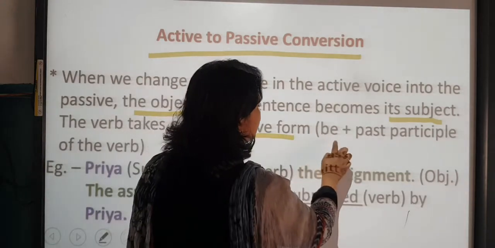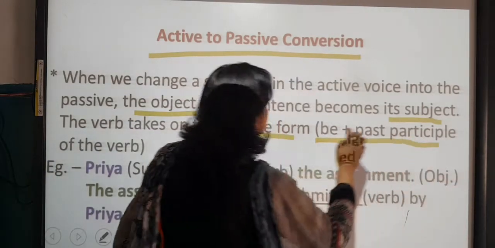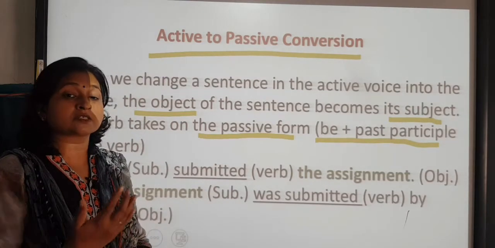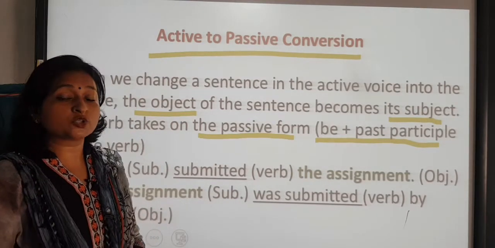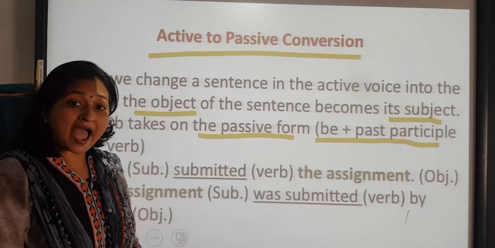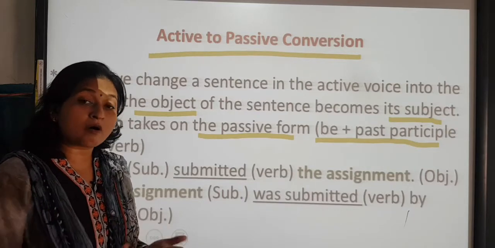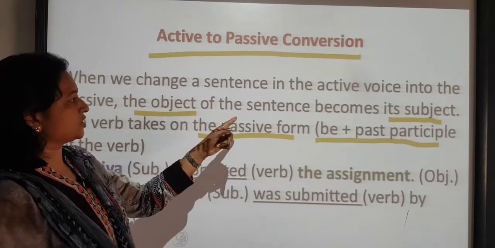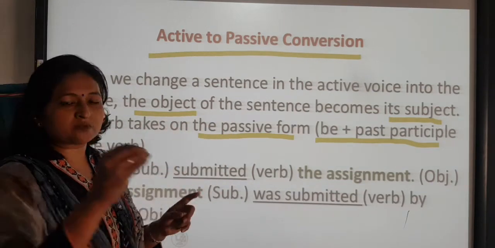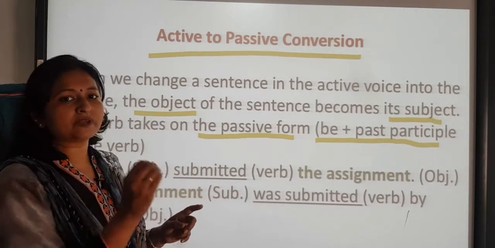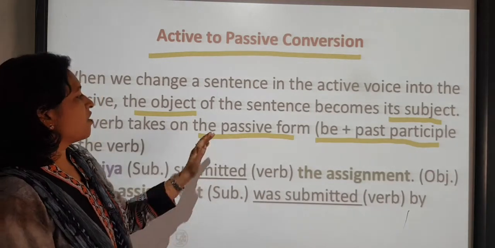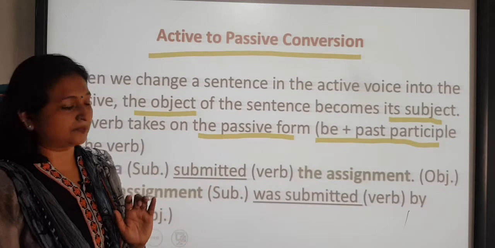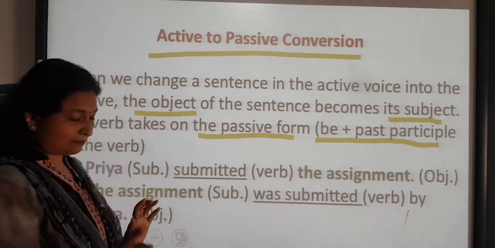Be plus past participle. Now be means it can be is, was, are, were. So these are all be forms of the verb. Have, has, had, these are all forms of the verbs. So the major change is clear. Active to passive, the object will become the subject and the subject will become the object. And what is the second thing in passive? Be plus past participle.